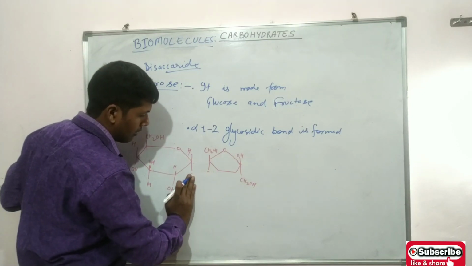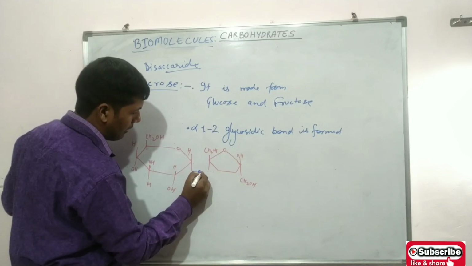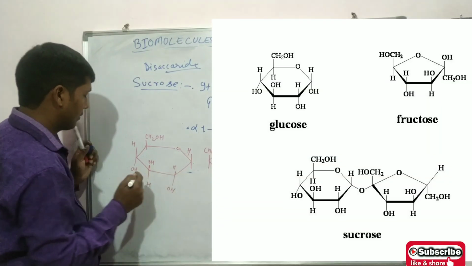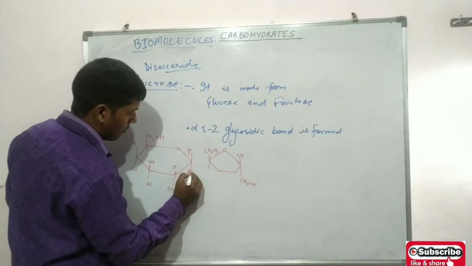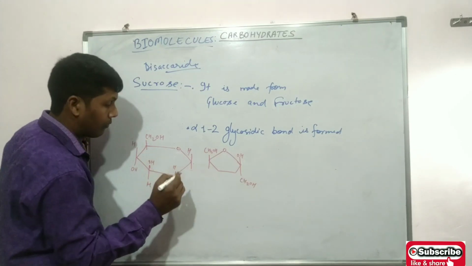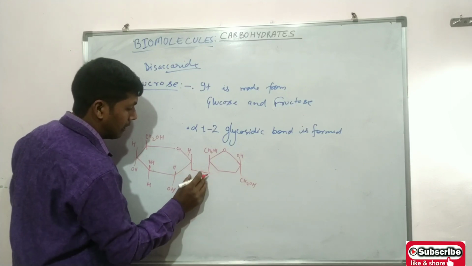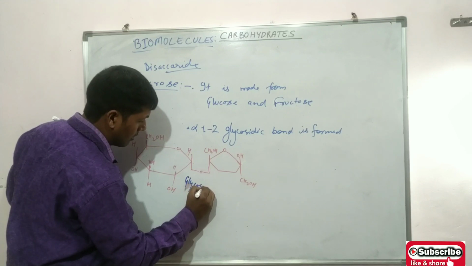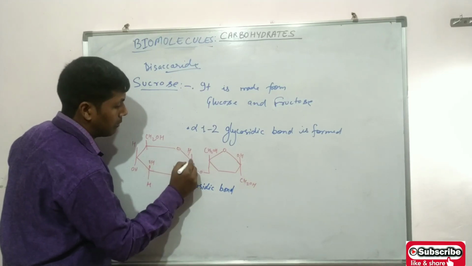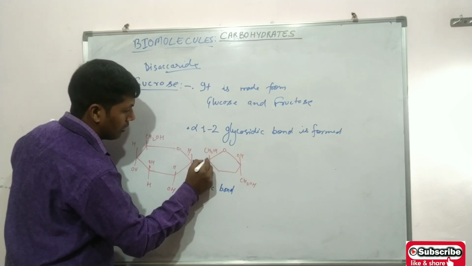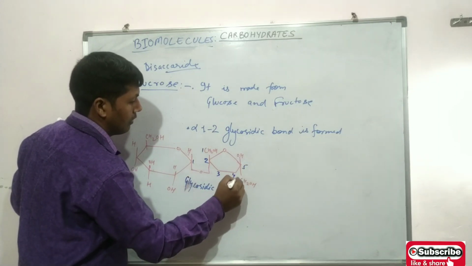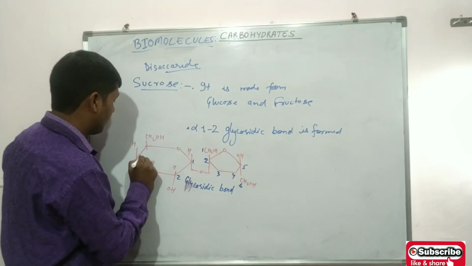Both hydroxyls bind and form a linkage, and the hydroxyl is removed from here and one molecule of water is released, and this forms a glycosidic bond between carbon number 1 of glucose and carbon number 2 of fructose. 1, 2, 3, 4, 5 and 6.